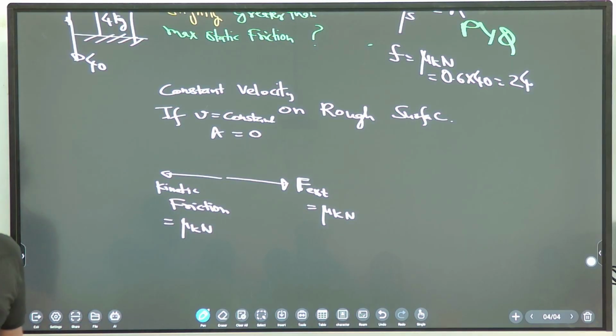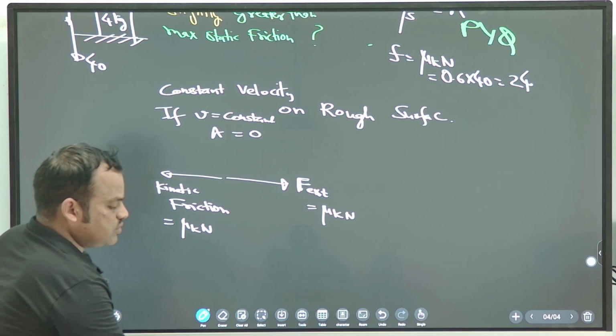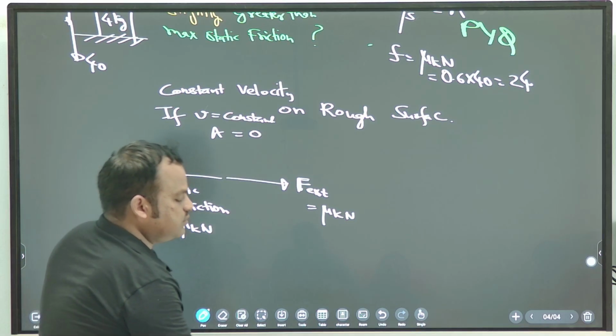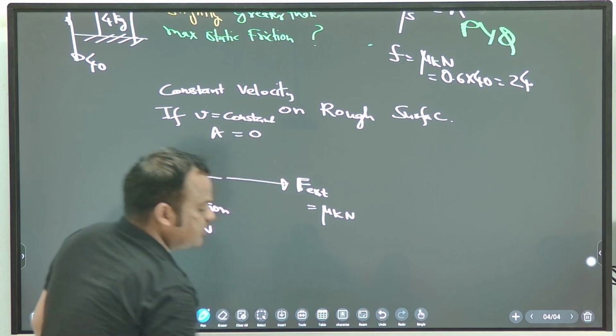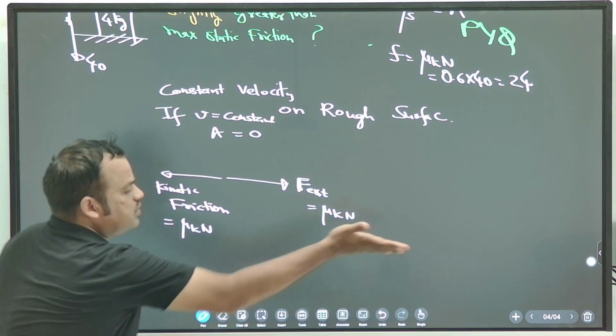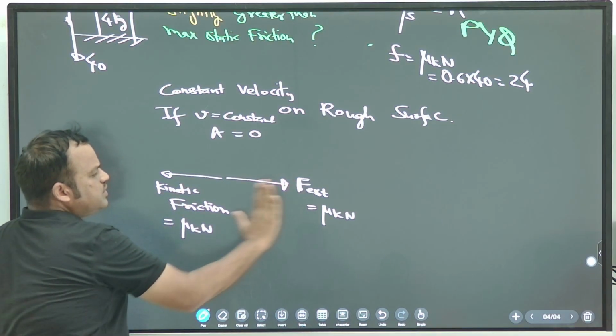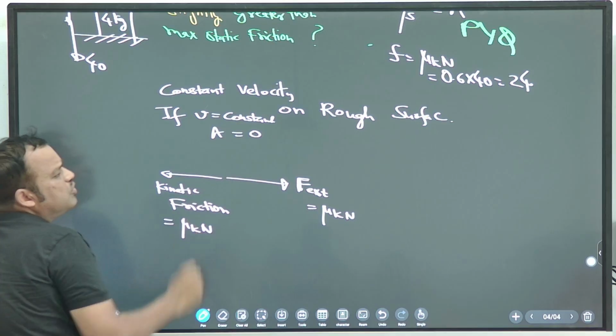Note down. Okay. Constant velocity. See, suppose this is at rest. Now this is constant velocity. Okay, clear? Acceleration means velocity increasing. Velocity constant, slow movement.